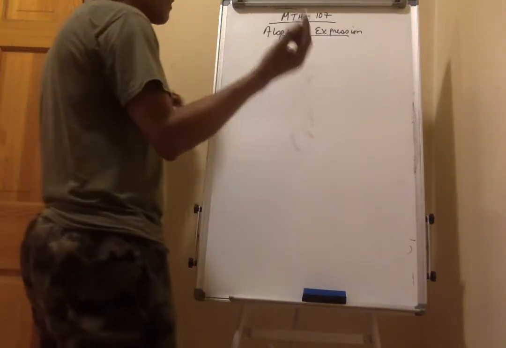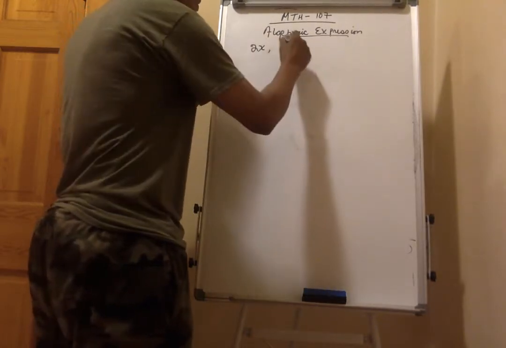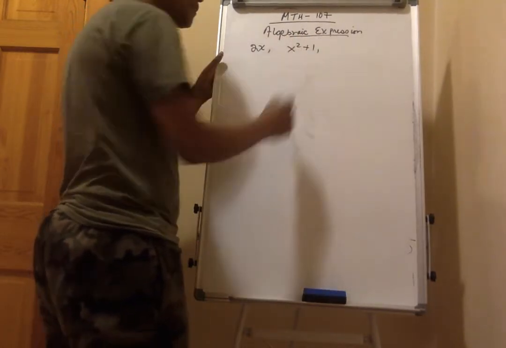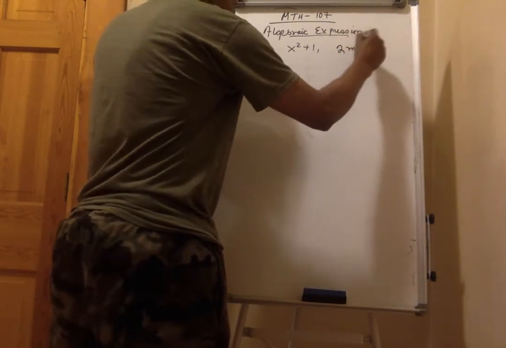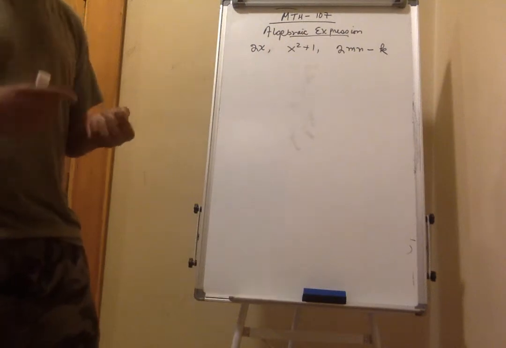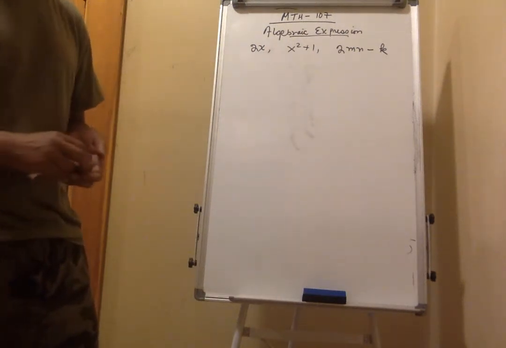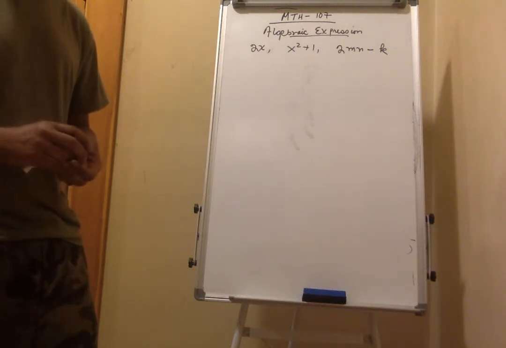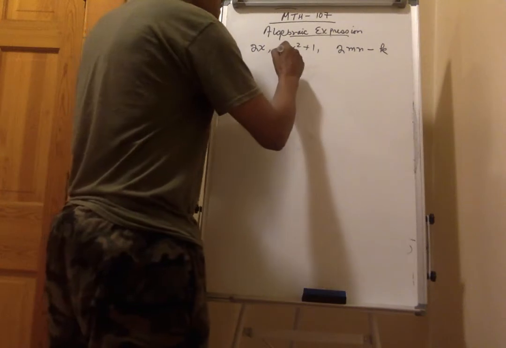So an example of an algebraic expression would be 2x, or x squared plus 1, or 2mn minus k. Every connection between variables and numbers, we call an algebraic expression. So our first task would be simplifying them.